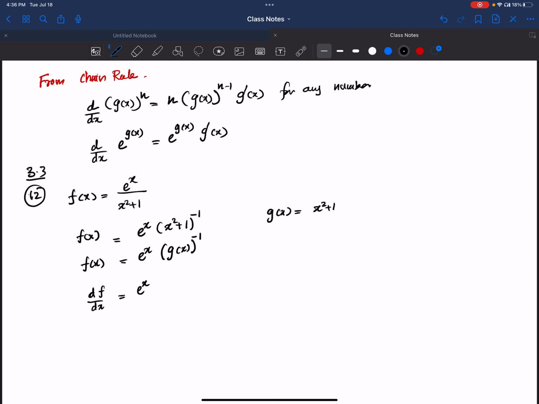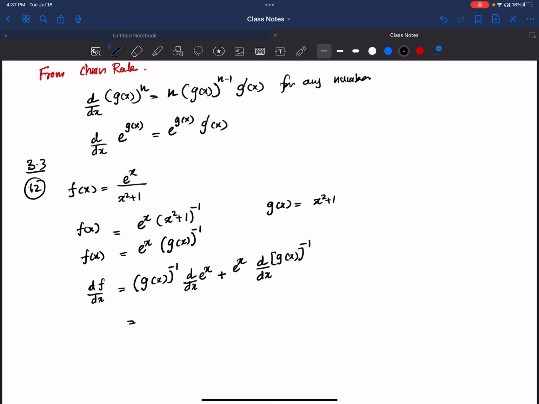Now what I would do is put the product rule: e to the power x times g of x to the power negative 1. The first function is d over dx of e to the power x, plus e to the power x times d over dx of g of x to the power negative 1.